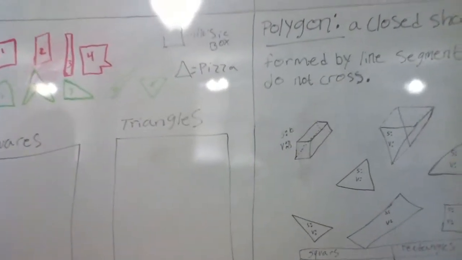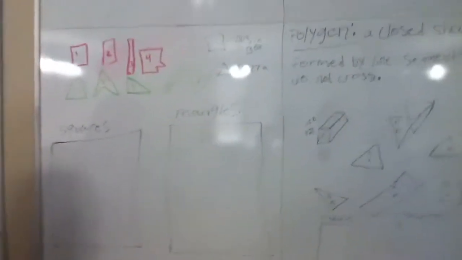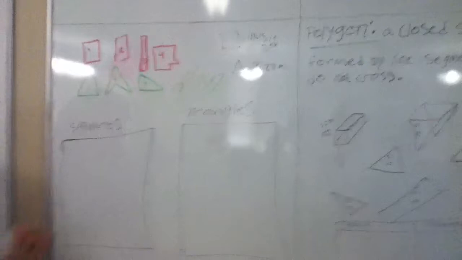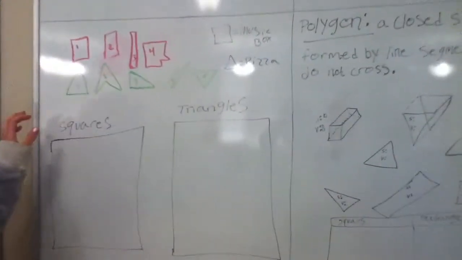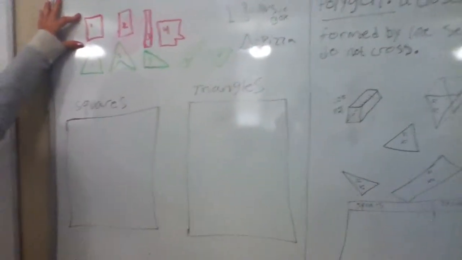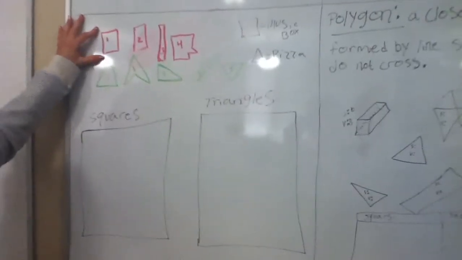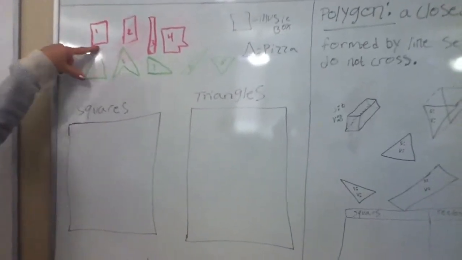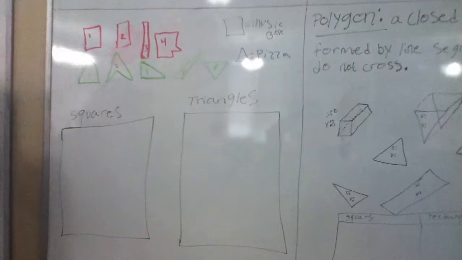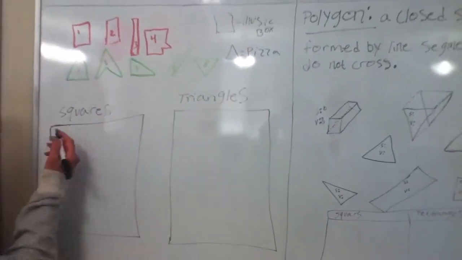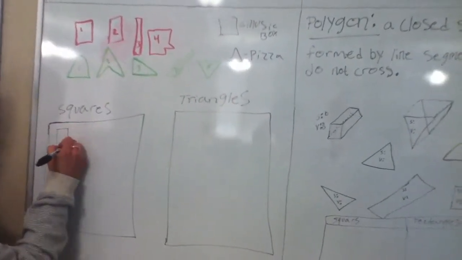So to sort these irregular and regular shapes into their categories, they would be able to identify that a square looks like a music box. So this picture of this square looks like a music box, and they would put it in the square category.